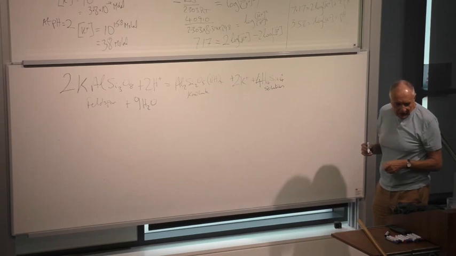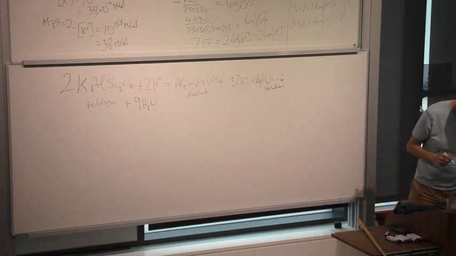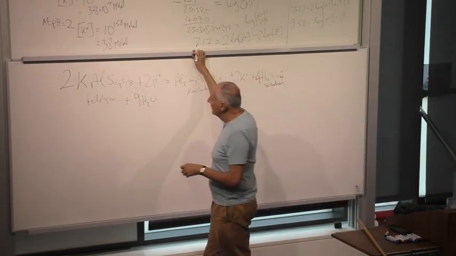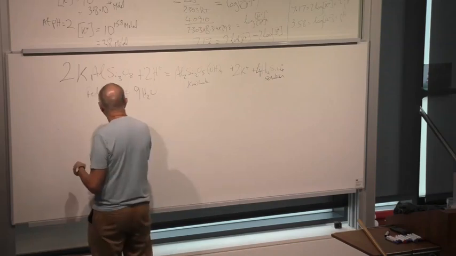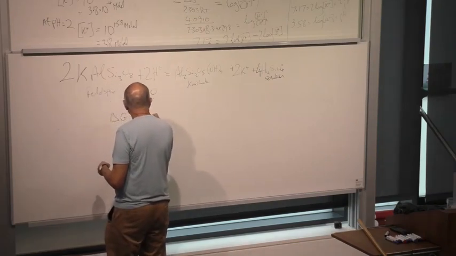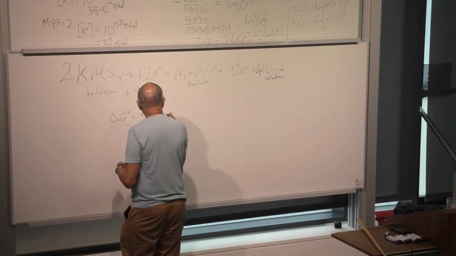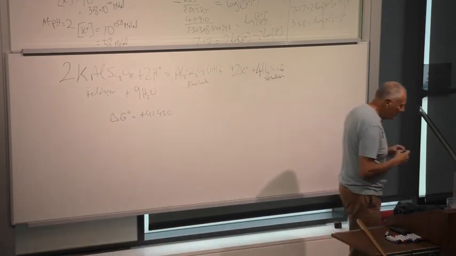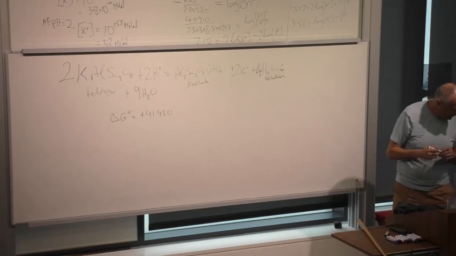Okay, and for that reaction, delta G0 is plus 41450. Is that right? Plus 41450 joules.